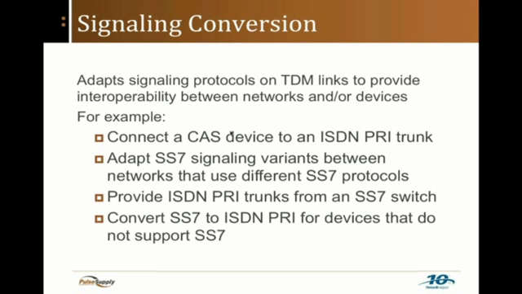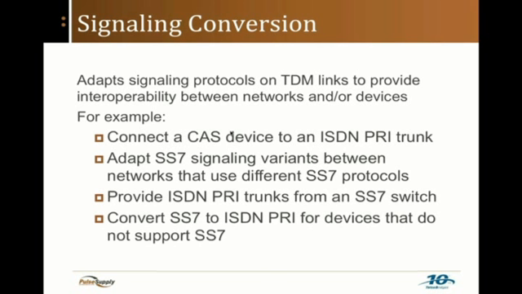Or you may need to convert between two very different signaling protocols, such as between ISDN PRI and SS7, or SS7 and channel-associated signaling protocol, or you may need to connect devices to your SS7 network that do not support SS7.